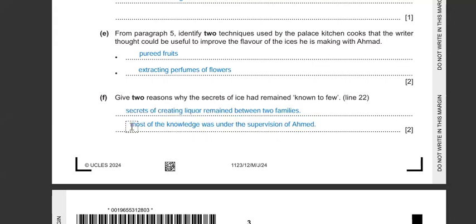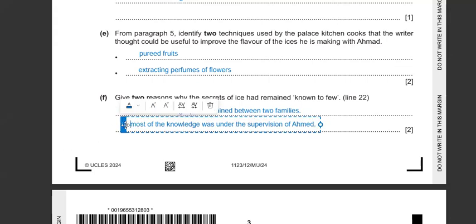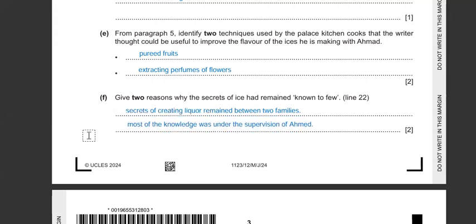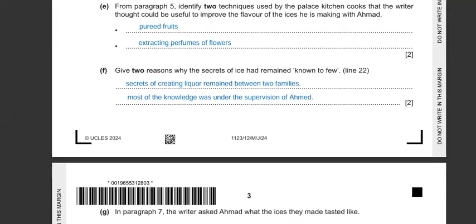So these are the two particular details due to which this secret remained between two families only, and the common people or the local people had no particular idea of how to make that particular recipe.